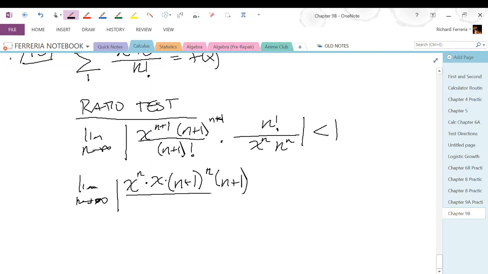The denominator is n plus 1 multiplied by n factorial. I'm stopping at n factorial because I know there's already an n factorial in the numerator. We've got n factorial in the numerator, we've got x to the n in the denominator, and we've got n to the n on the denominator. And we want to show that that's less than 1. The top one is factorial, not n. Yeah, that's factorial, you're right.